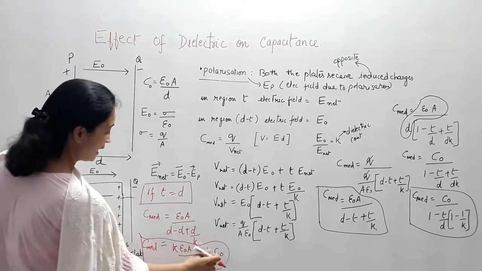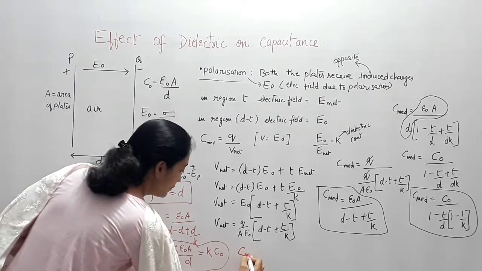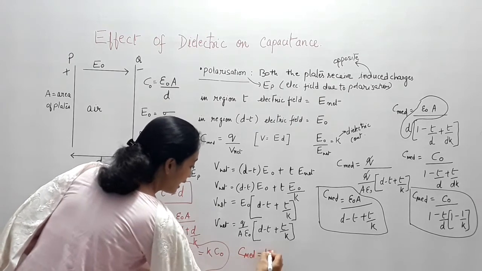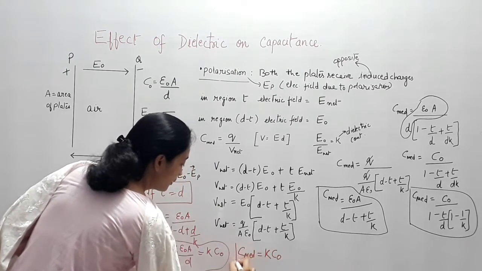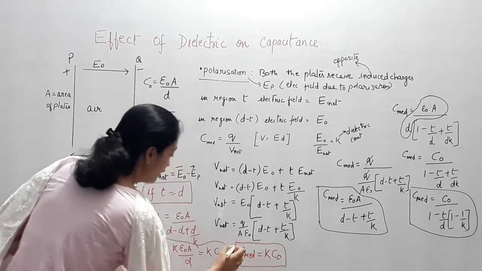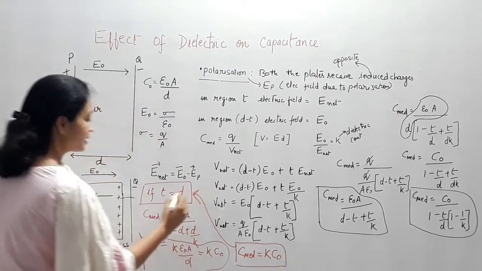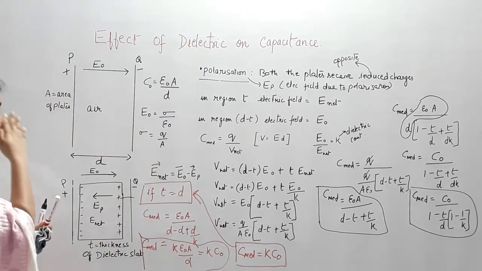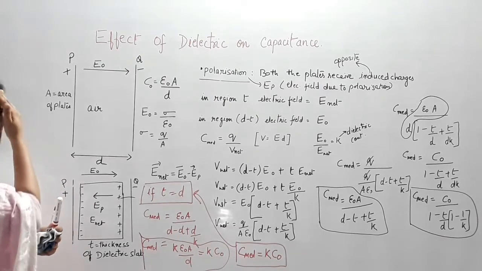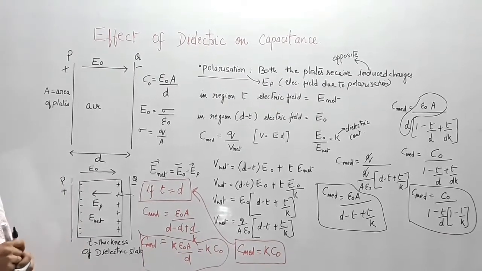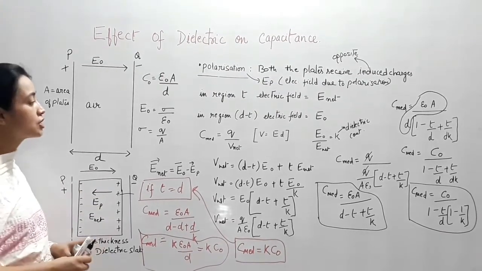C medium becomes K times C naught when the dielectric slab introduced occupies the complete space between the plates of the capacitor. So this is the explanation.